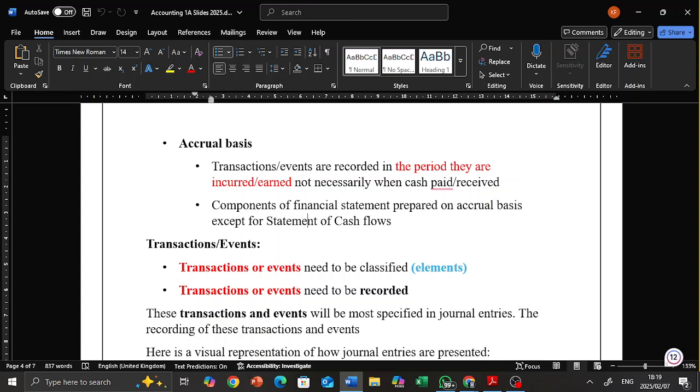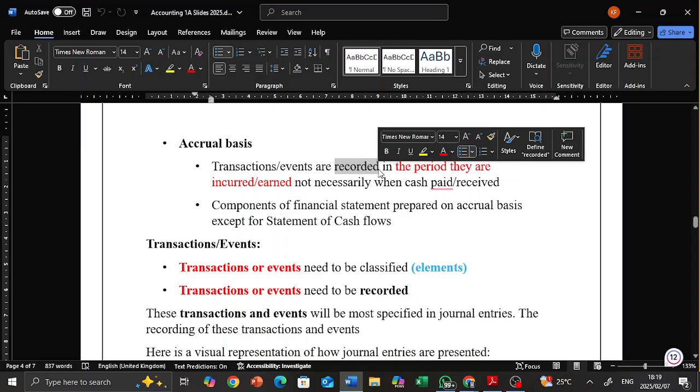You're going to record it as a prepaid expense. And by virtue of you recording it, this is all about recording. By virtue of you writing prepaid expense, you are following the accrual basis of accounting. Does that make sense?